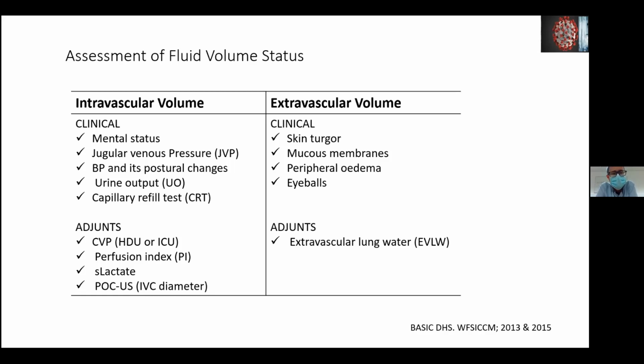And adjuncts, we can use the CVP, the central venous pressure, mainly used in ICU and HDU. We can use perfusion index, we will see later, and serum lactate, and point of care ultrasound, assessing the inferior vena cava diameter. Extravascular volume can be assessed clinically through the skin turgor, mucous membrane dryness, peripheral edema, and we look at the eyeballs.